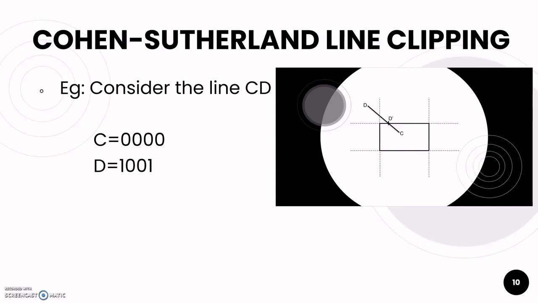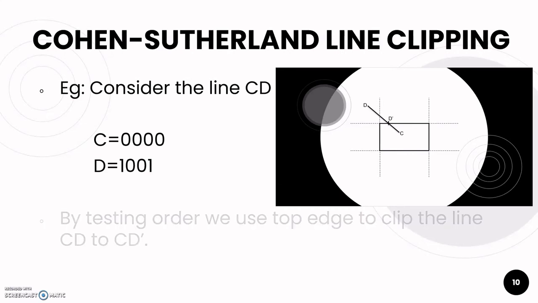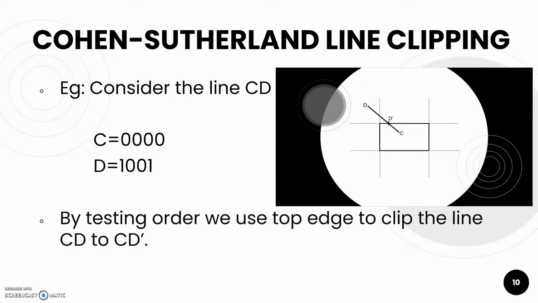So the line cannot be trivially accepted or trivially rejected. The algorithm chooses D as the outside point, whose code shows that the line crosses the top edge and left edge. By testing order, we use the top edge to clip the line.